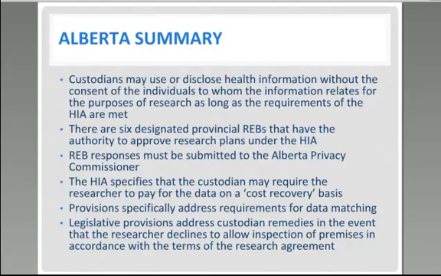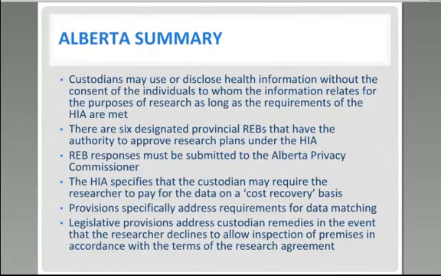We'll move out to the West Coast and BC, and you'll see in the blue bar under here that there are 3 pieces of legislation that deal with accessing PHI, or health information, for researchers in that province.